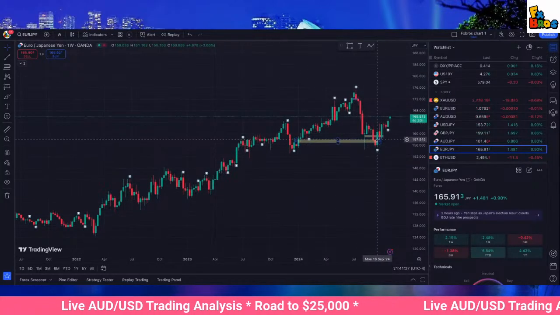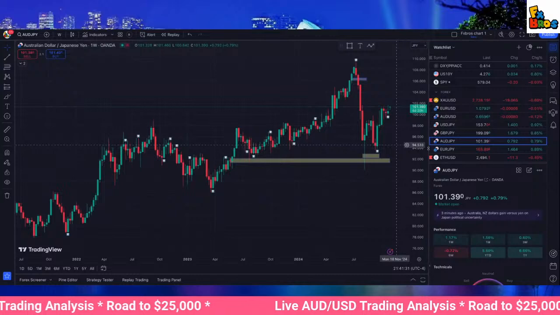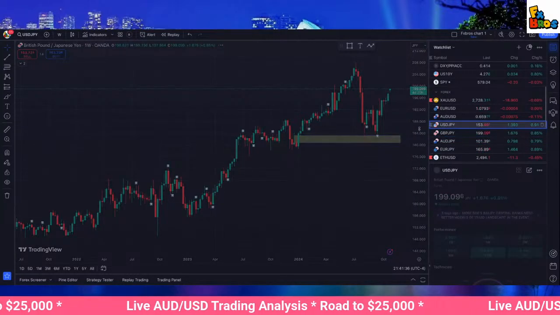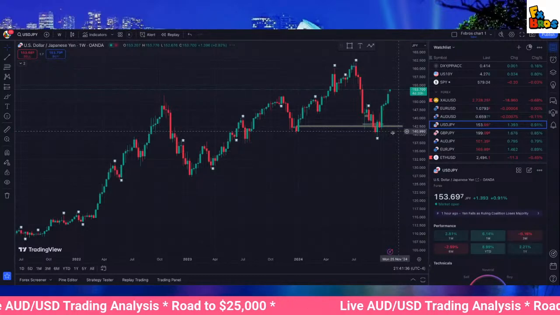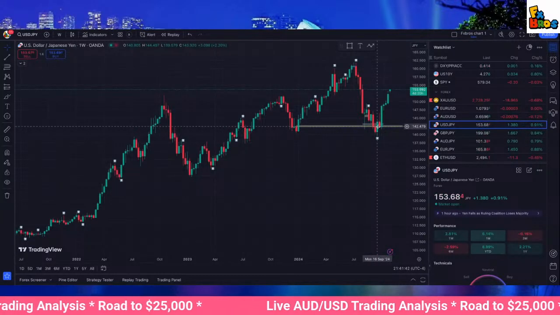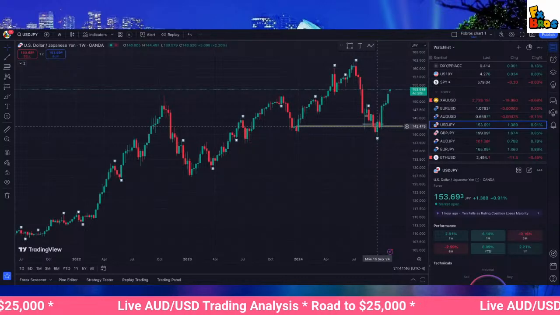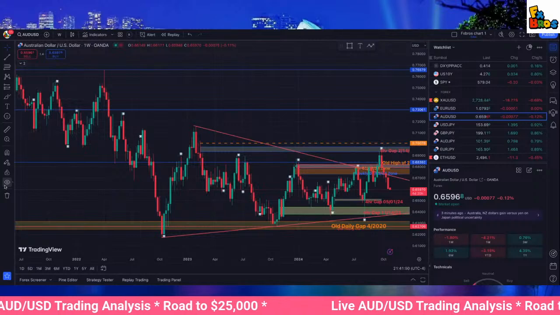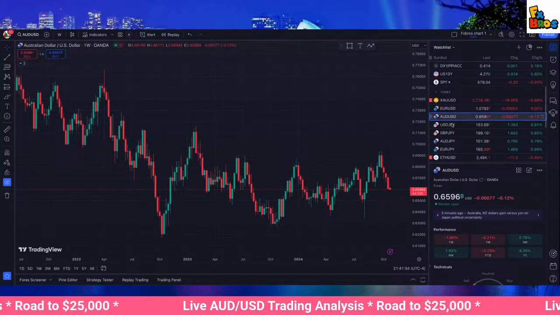Weekly bullish engulfing, bam. Weekly bullish engulfing, bam. Weekly bullish engulfing, all of them showing it. UJ really had a steamer. It's a beautiful situation. Yeah, it really is, man.